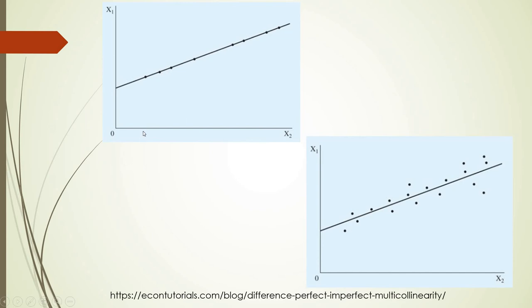We know 100% for a certain value of x2 what the value of x1 will be. But in imperfect multicollinearity, this is not the case. We can say on average what the relationship between x2 and x1 is, but real data have some variation, so for a certain value of x2 we can get different values of x1.